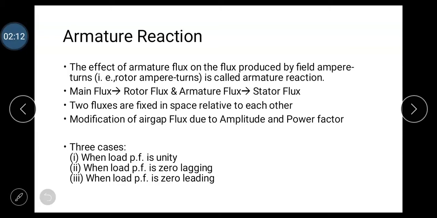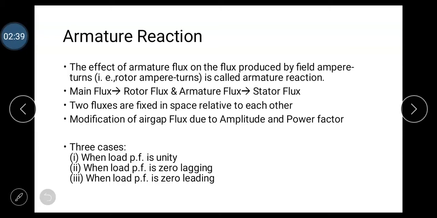So there is a modification of the flux due to the amplitude and the power factor. The armature reaction is nothing but the effect of armature flux on the main flux, affecting its value, and the distortion is called armature reaction.